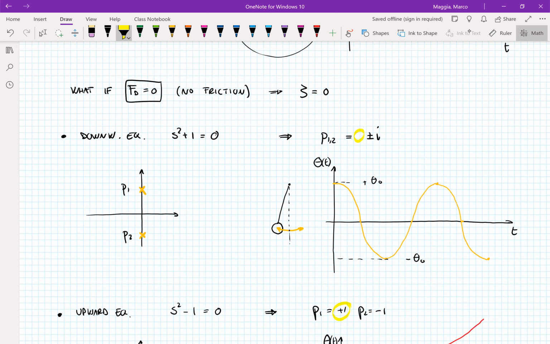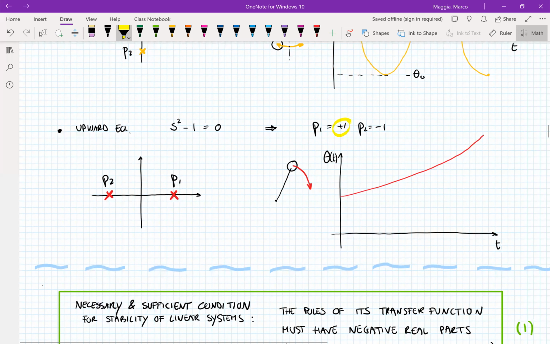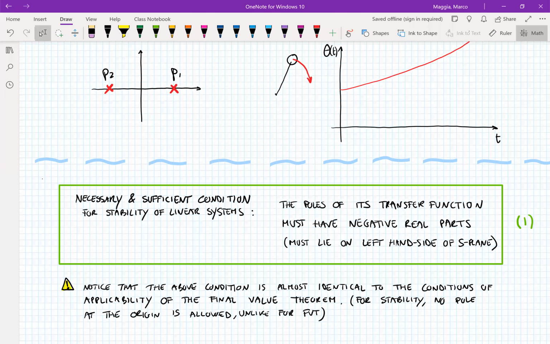So it's not negative. So now we're ready to actually state the necessary and sufficient condition for the stability of linear systems in terms of the poles. So if we have a linear system, we can find its transfer function.